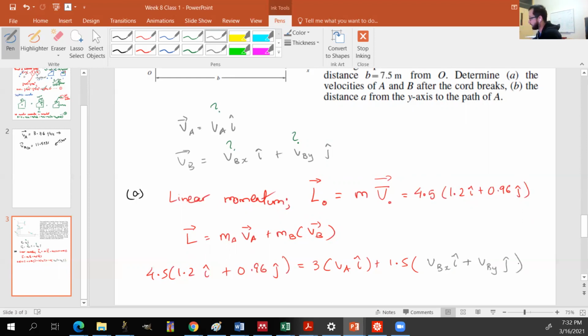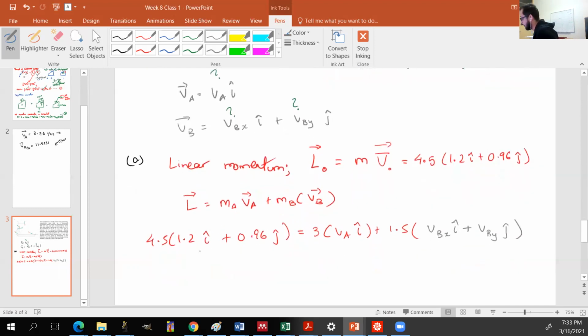So this expression over here is two expressions, and we have three unknowns. If you compare your i hat to your i hat, and your j hat to your j hat, this here is two equations.